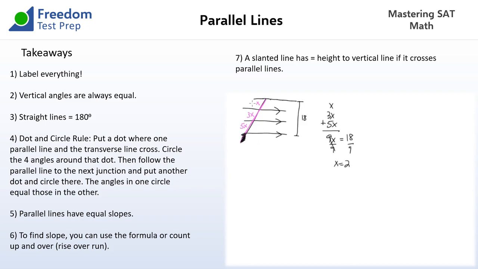So we can say that the x is 2, the 3x is 6, and the 5x is 10. So if they were asking us to solve for x, we get it. If they ask us to solve for this segment, we get it. And if they ask us to solve for the biggest segment, we get that. Okay, so that's the proportional segment theorem, where the slanted line actually equals the length of the vertical line.